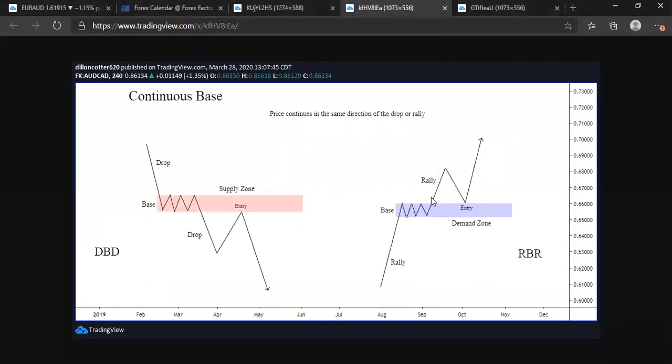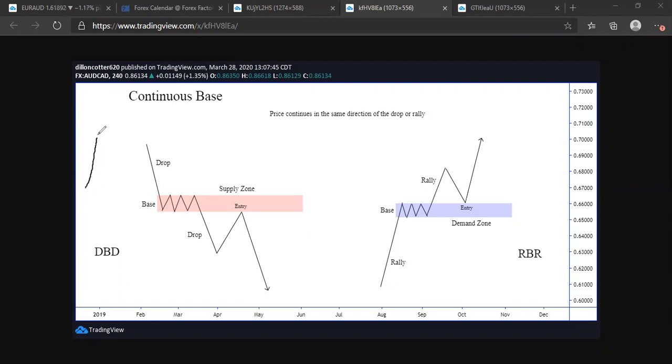So now let's look at the continuous bases here. For continuous bases, right, that is pretty much what you're going to be looking for after the reversal, right? You're going to be looking for these in the trend. Wasn't the greatest drawing, but I hope you understand, right?